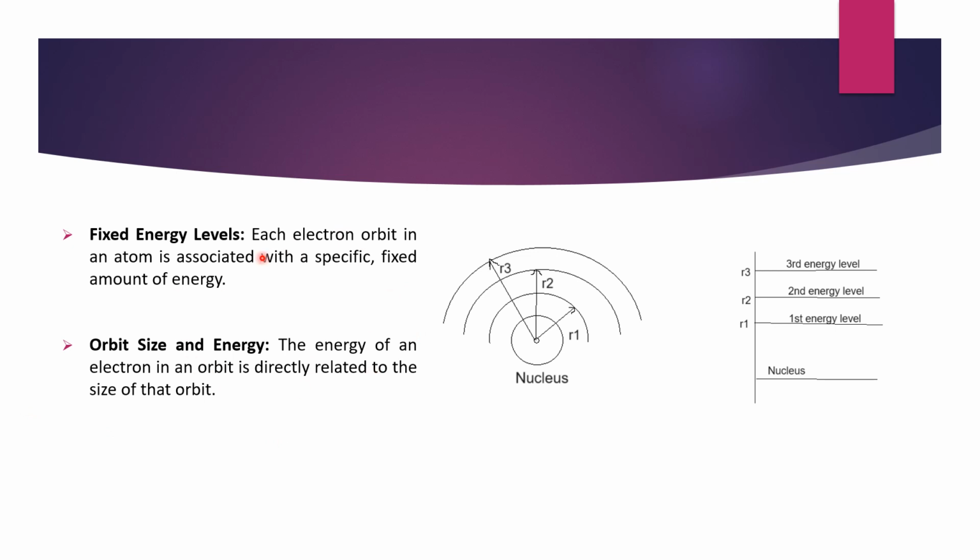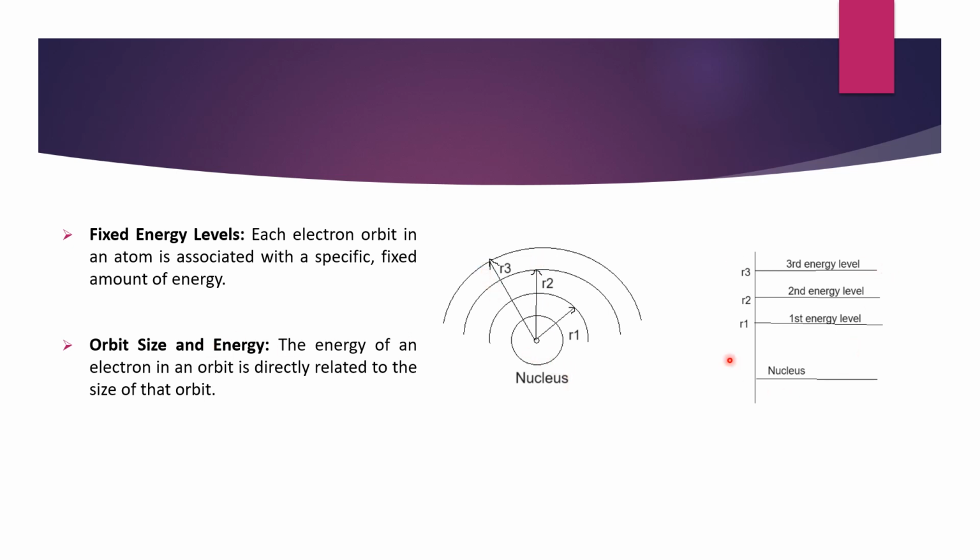So I've given you a quick history. See here, fixed energy level. Each electron orbit in an atom is associated with a fixed amount of energy. This figure we have already studied. You can see here the nucleus and all the orbits, and the radius is shown by R1, R2 and R3 from the nucleus.